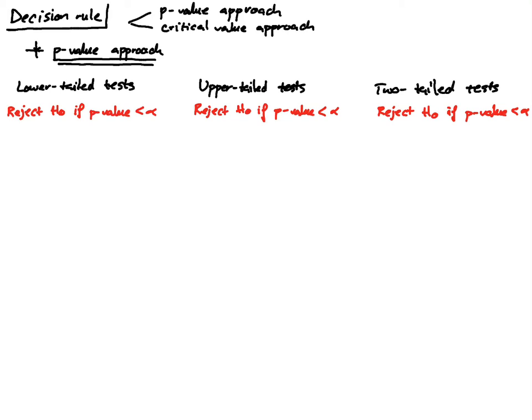Now we know what alpha is, right? So the problem now becomes, how do we know our p-value? Okay, so let's look at the lower tail tests. When you do a lower tail test, typically you're gonna have a negative test statistic.